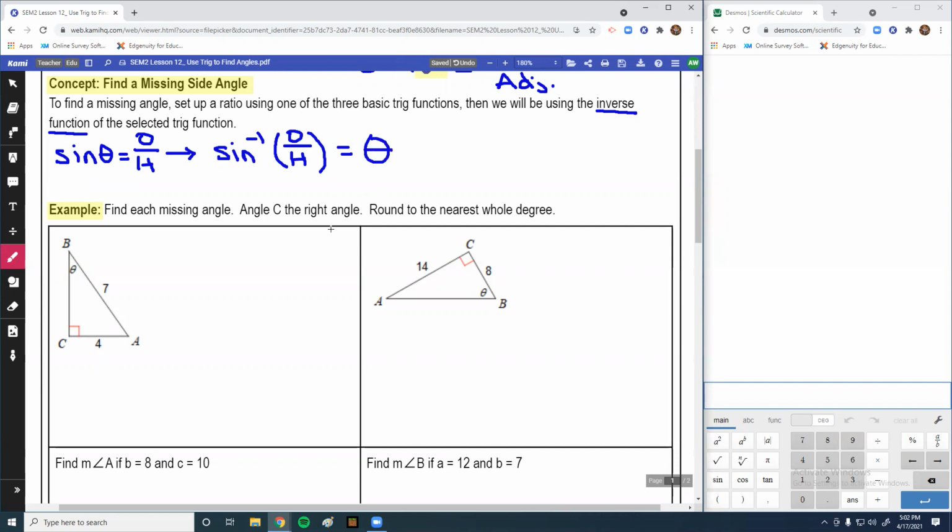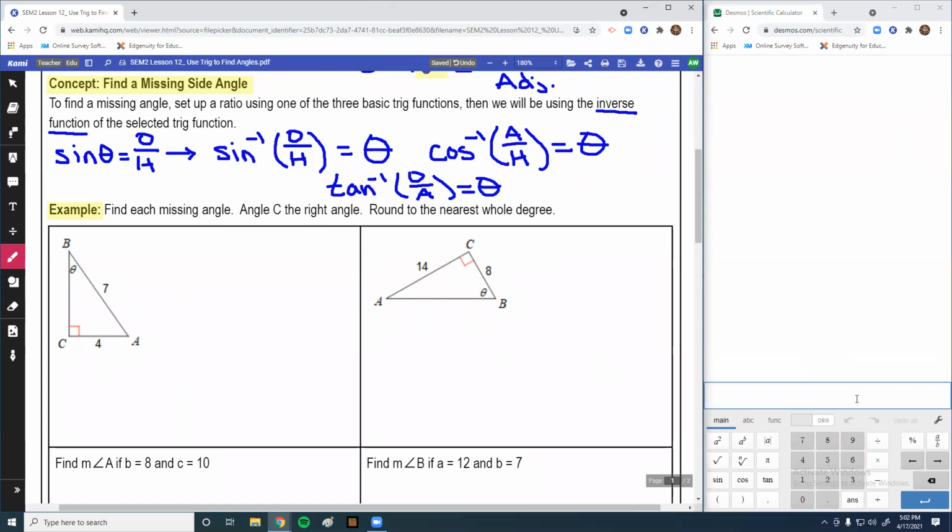And we're going to do this for all three trig functions. So we're going to have inverse of cosine, adjacent over hypotenuse, is equal to theta, and inverse tangent of opposite over adjacent is equal to theta. So you need to know where to find these inverse functions on a calculator.